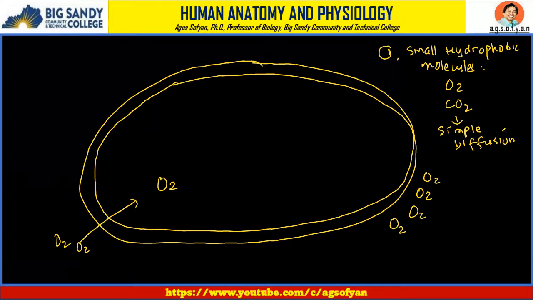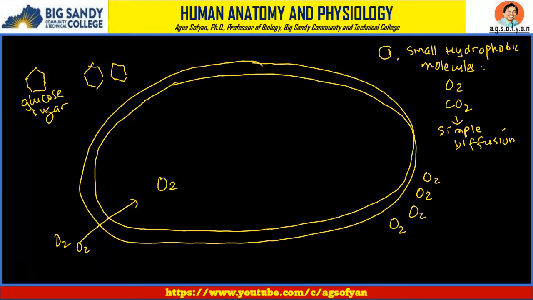Now, how about bigger molecules, like, for example, glucose or sugar? Remember, we need sugar to make ATP, so there will be more sugar outside. So this sugar has to enter the cell in order to be used for making ATP. This sugar is unable to cross the plasma membrane because they are big molecules.